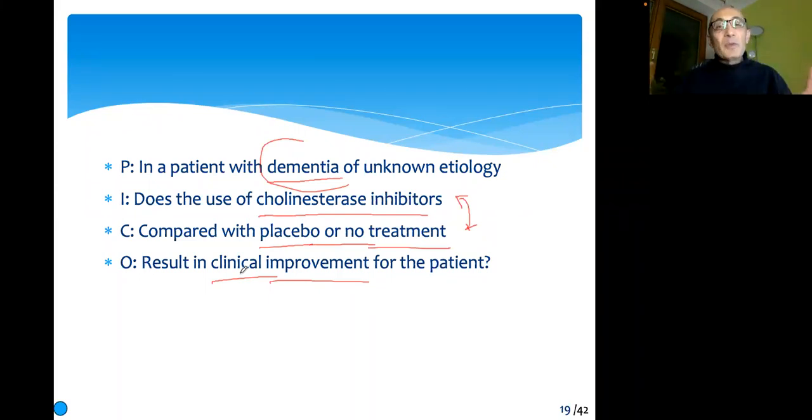These are all, to some extent, measurable entities, or it could also be a laboratory measurement, of course, but in this case, I don't know of any laboratory measure or tests to measure improvement in dementia. But the mini-mental test, MMT, for example, is one test the doctors apply frequently to follow up or to diagnose dementia.